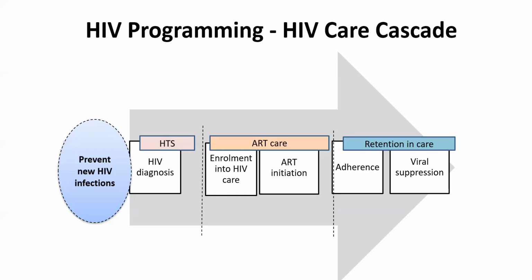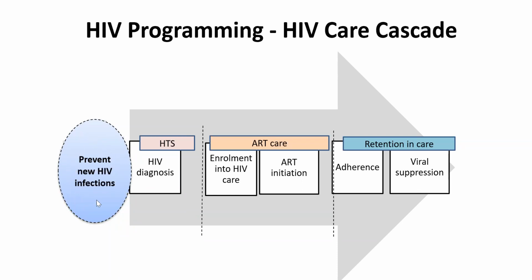So I think we've heard of the HIV cascade of care. The cascade of care summarizes the processes or the steps which are involved in provision of HIV services.